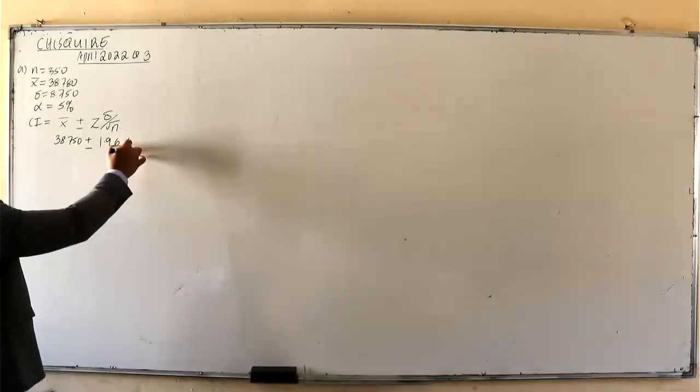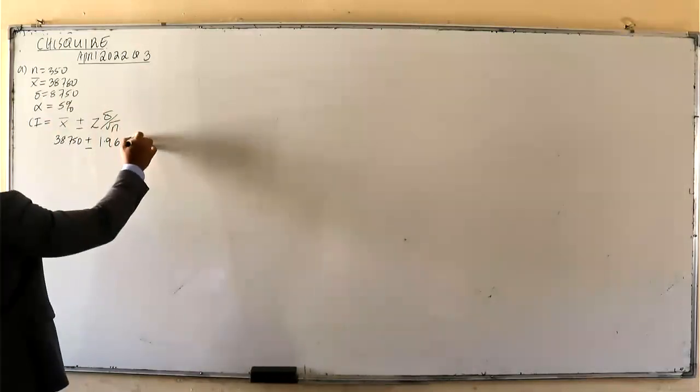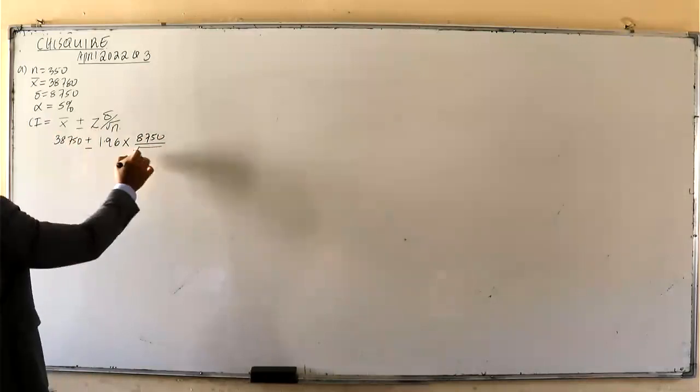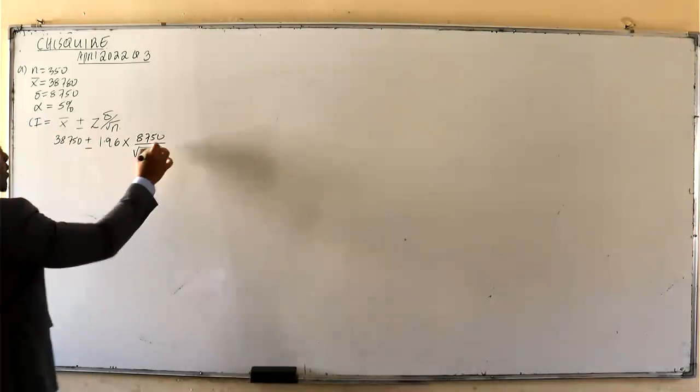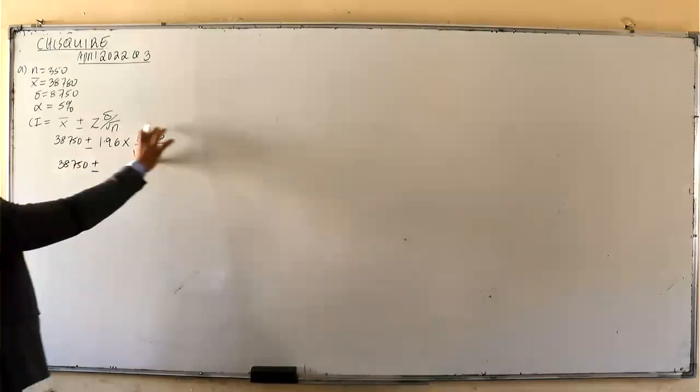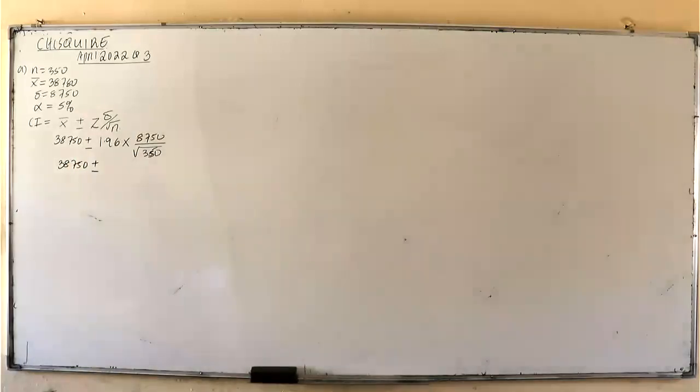Then you multiply by the standard deviation, which is 8,750, over the square root of N. Our N is 350. Now give me the margin of error. That's what we call the margin of error.